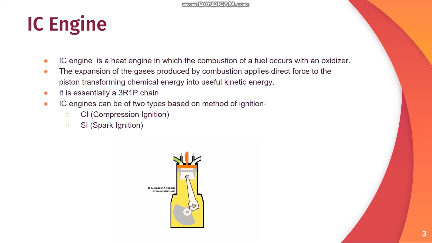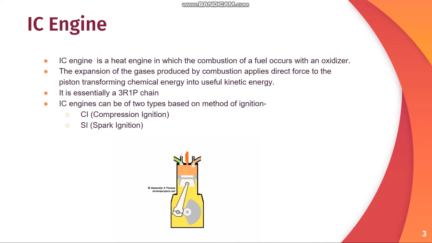Thus, the IC engine is essentially a 3R 1P chain, with the piston acting as the slider. As the piston moves, the crank rotates, producing work. This process is carried out in a cyclic manner, thereby converting chemical energy into mechanical energy.